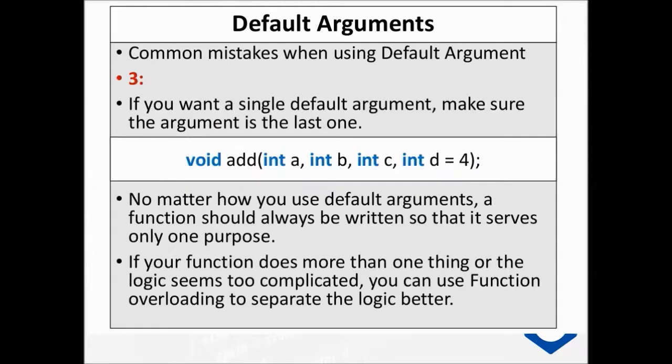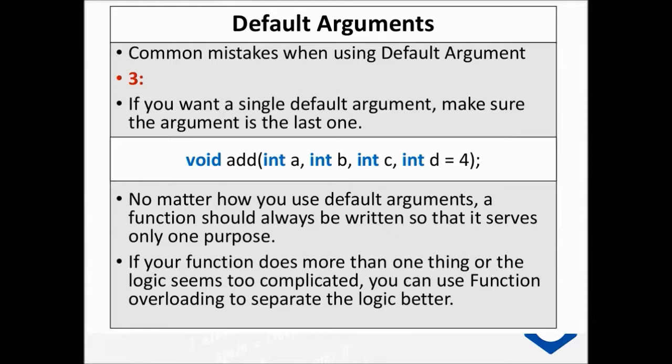The third common mistake: if you want a single default argument, make sure the argument is the last one. So if we write this program as int a, int b, int c, int d = 4, here d = 4 is a default argument and it is the last one.